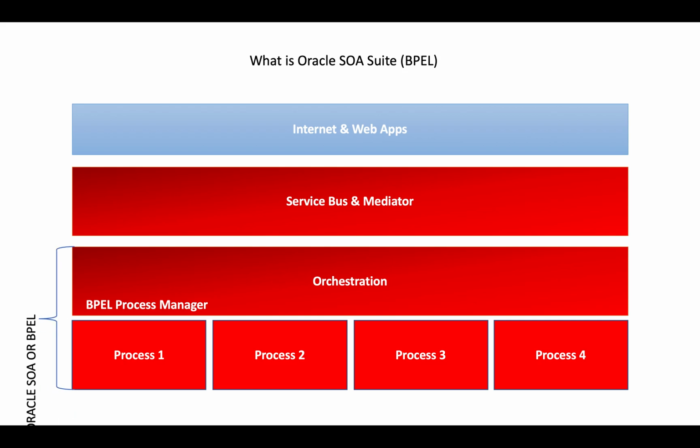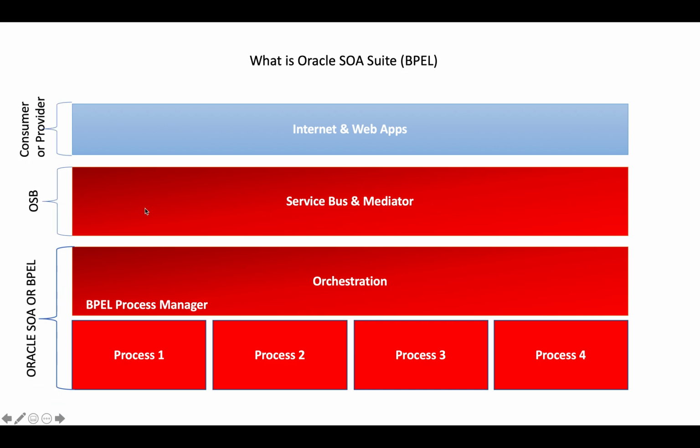For example, when we're talking about something in BPEL or in Oracle SOA, we're talking about this specific part. When you're talking about OSB, where you need to create a proxy, we need to create something in OSB, this is the part we are talking about.